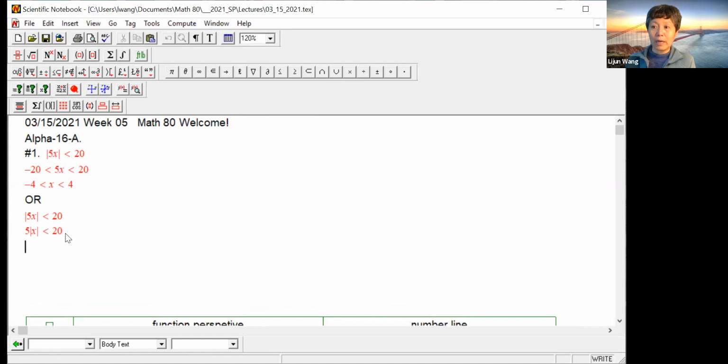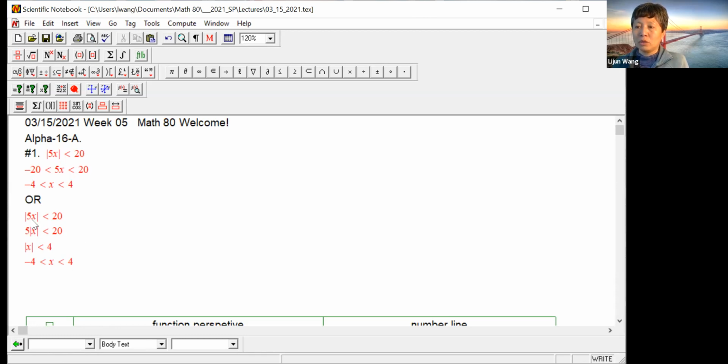Then you can divide both sides by 5, and we end up with absolute value of x less than 4. Yes, you can do this, and in the end, you still get the same answer.